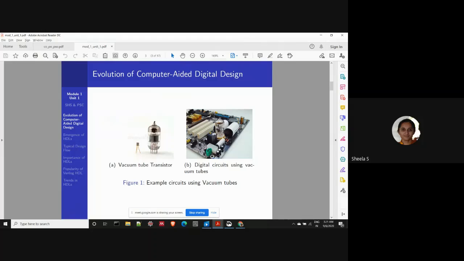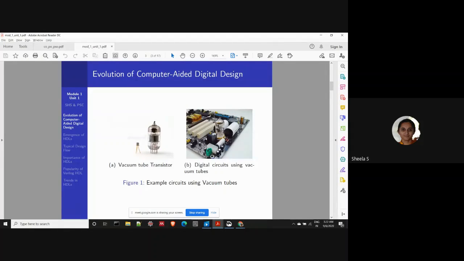So to reduce this difficulty, first we considered the corresponding integrated circuit. Initially small circuits were built on the integrated circuit, that is IC, and once it is working properly, then the corresponding integrated circuits are used in the design.